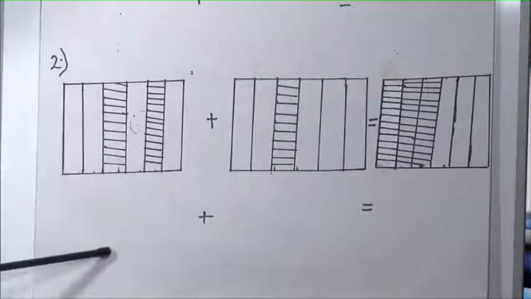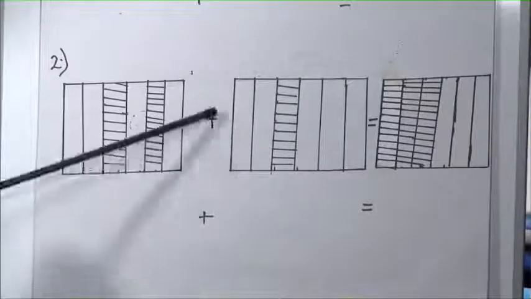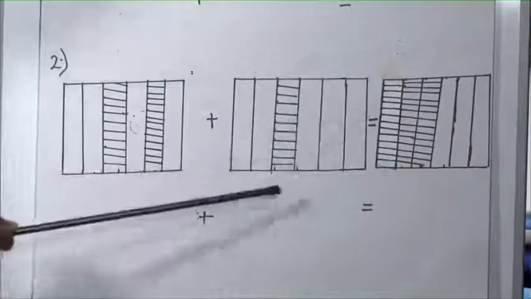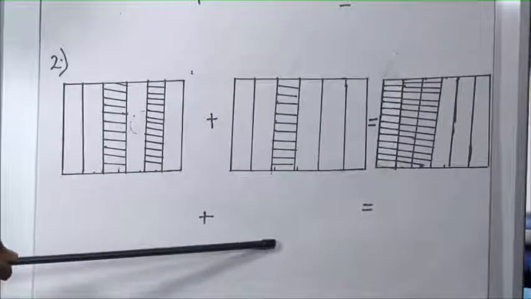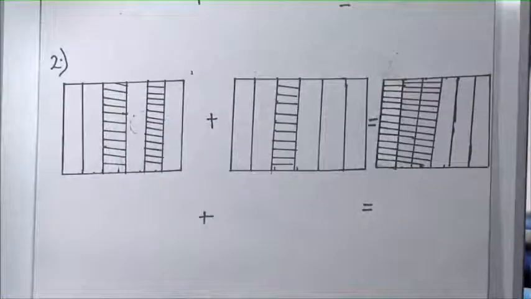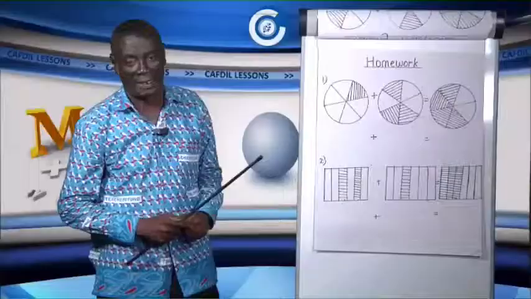So what fraction is here? Write it. Plus, name this fraction that has been shaded here. When you do that, you will get this. Write that fraction down. And that is your homework.